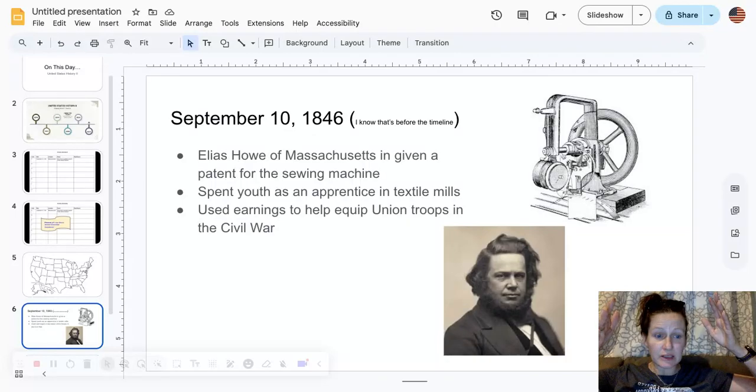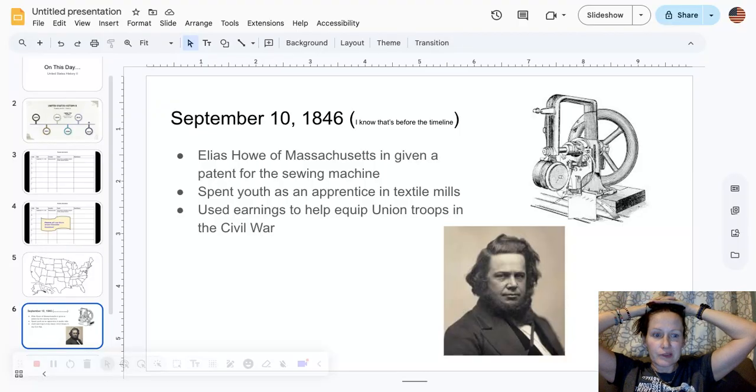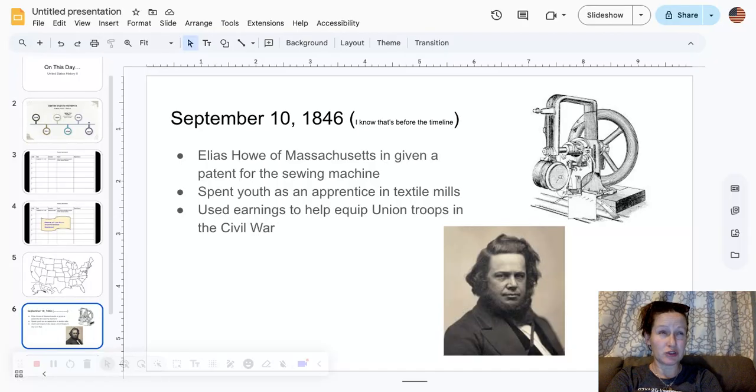Here's a pretty cool fact about him. He actually did not make as much money as he hoped, as you would think after making this huge invention. Some people were disrespecting the patent laws and making similar things anyway. But for the money he did make, he used those earnings to help equip Union troops, a volunteer infantry unit from Massachusetts.